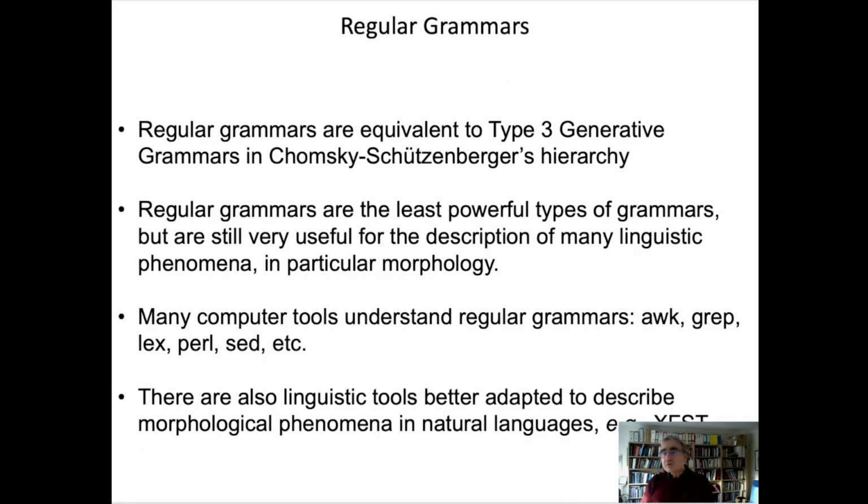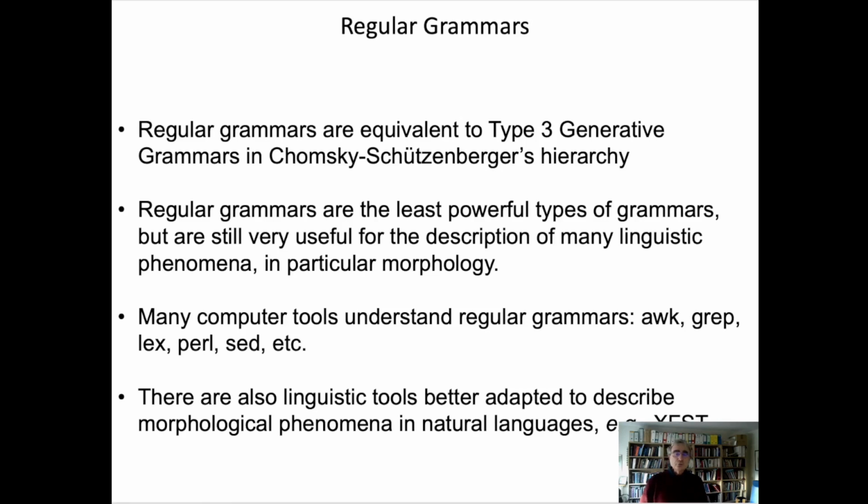Regular grammars are equivalent to type 3 generative grammars. They are the least powerful types of grammars, but they are very useful in linguistics, in particular to describe some simple morphological phenomena.